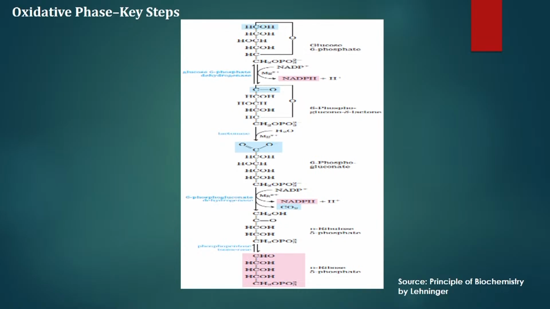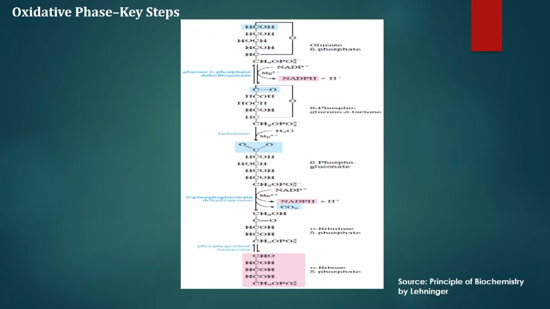Here also in this step there is the formation of an NADPH molecule, which is shown on the right-hand side of the diagram. And then this ribulose 5 phosphate is converted into ribose 5 phosphate. Now here the ribose 5 phosphate, highlighted in pink, is important.